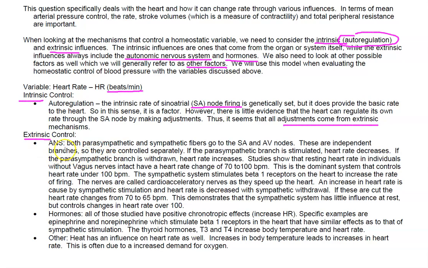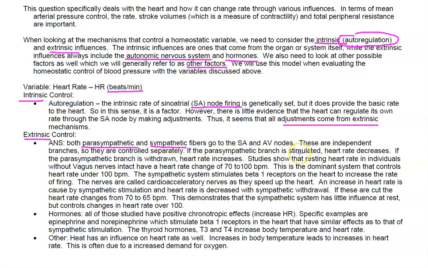For the extrinsic control, like I said, we always look at the ANS. When we look at the ANS, you ask, do both the parasympathetic and sympathetic systems go to the place we're worried about? For heart rate, we're worried primarily about the SA node and the AV node, and both the parasympathetic and sympathetic systems go there. So those two antagonistic systems influence the SA node and the AV node.